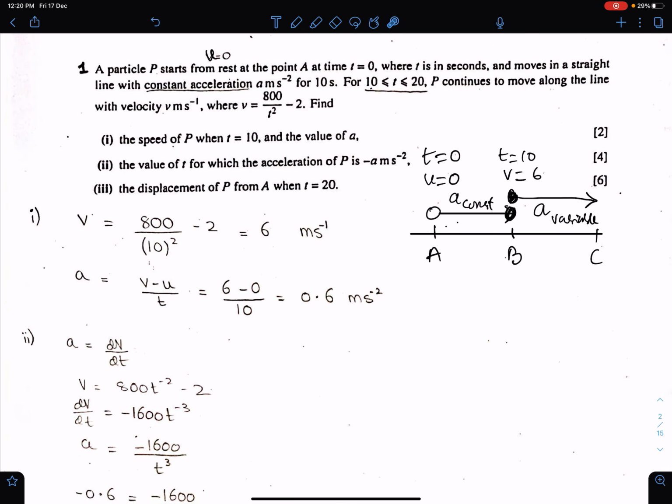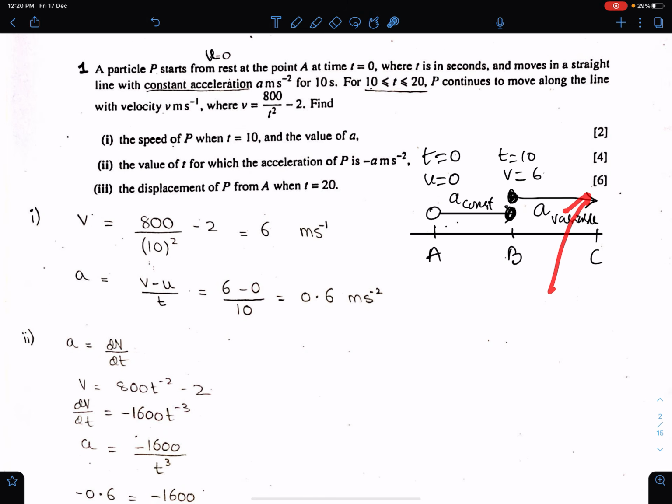Next part. We need the displacement of P from A when t is 20. Make sure you use the correct formula for both the motions. You need to use the equation of motion for motion from A to B, or for motion till 10 seconds. And for the motion t = 10 to t = 20, you should use calculus, because this is variable acceleration.